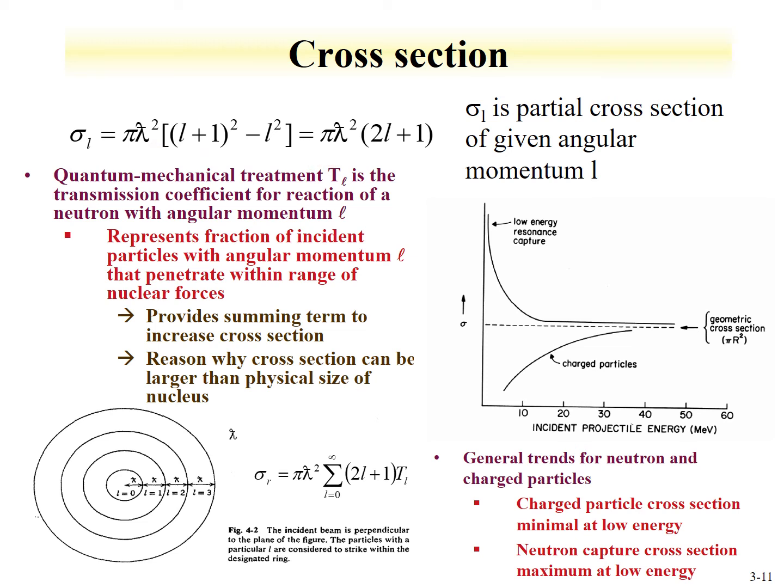And we can see that if we take this equation, which is for a given angular momentum, and expand it for all the angular momentums, this equation winds up expanding into this term. And fundamentally, the cross-section now expands to the different angular momentums. And this represents a summing term, which is the reason that the cross-section can be much larger than the geometric mean.